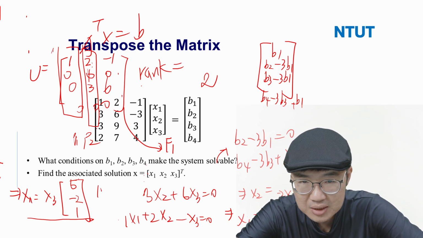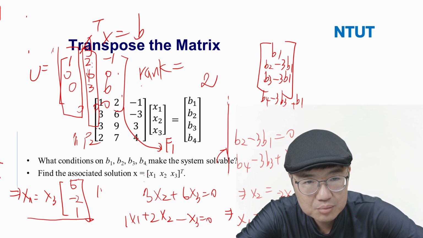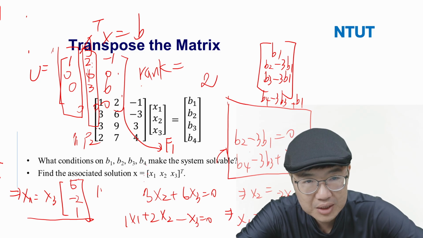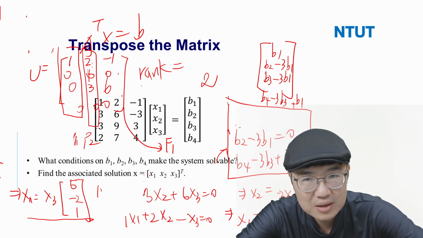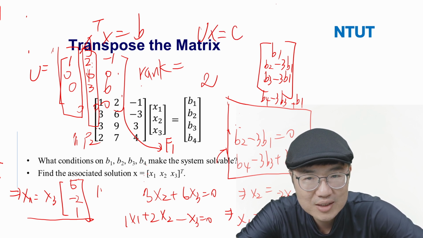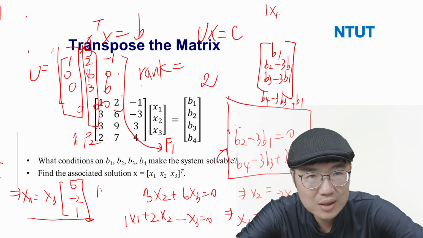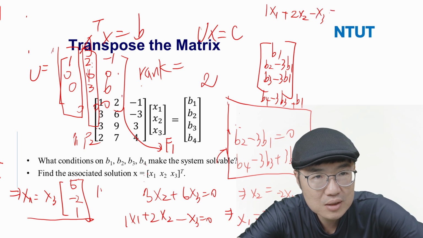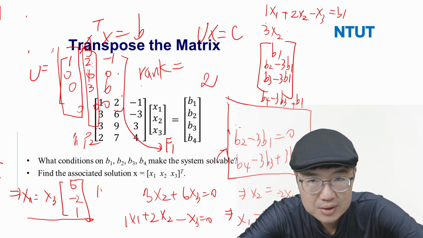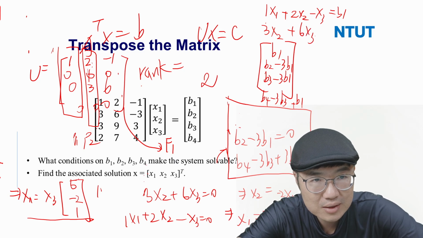As for the xp, yeah, we have to make x be in terms of b. So following the Ux equals c problem, where 1x1 plus 2x2 minus 1x3 equals b1, and 0 times x1 plus 3 times x2 plus 6 times x3 equals b3 minus 3b1.